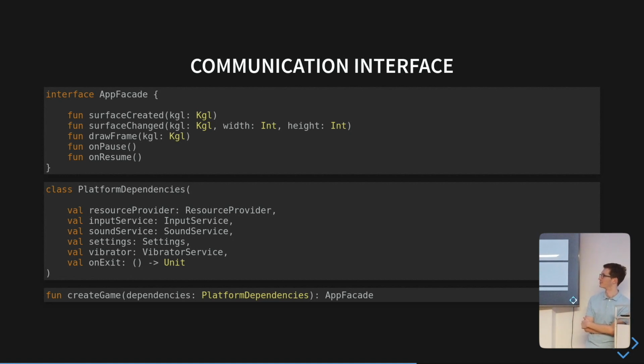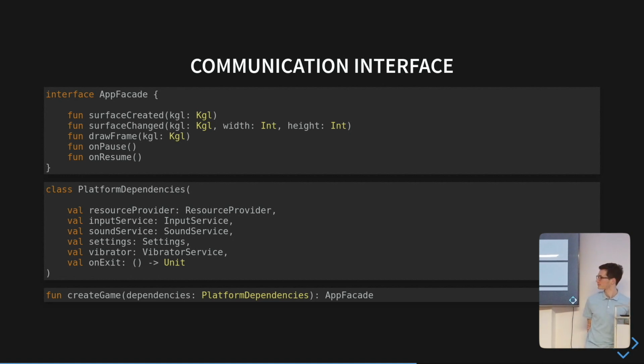The third one is the most important, that now it's time to draw, please draw everything that is necessary. And the pause and resume methods are only needed for Android, so that if the user presses the home button, then the game won't just go on.